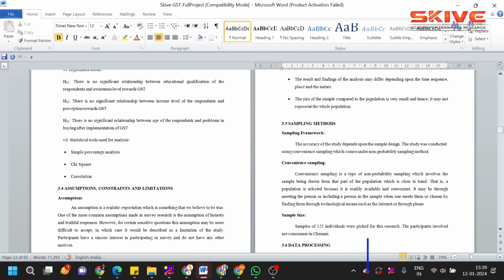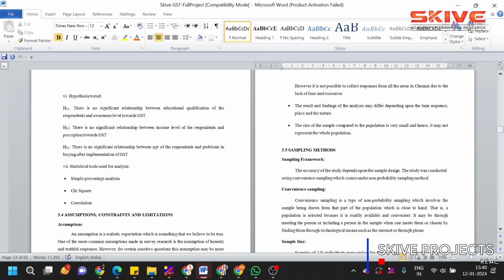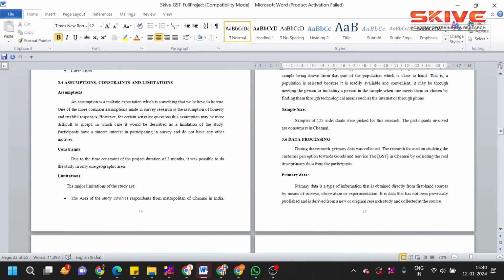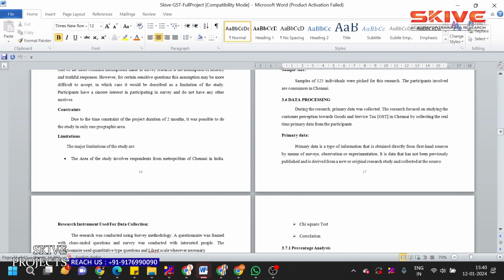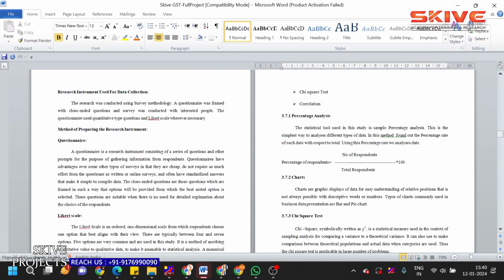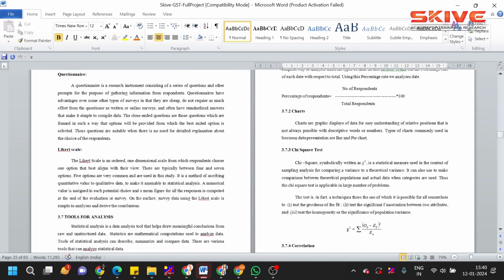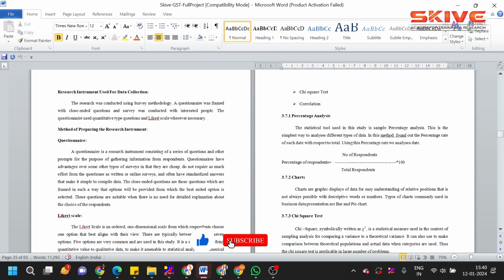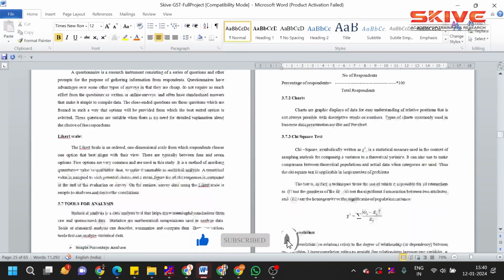And coming to 3.4, assumptions, constraints and limitations are given. The sampling methods are discussed in 3.5, and 3.6 is about data processing, what are the primary data and what are the secondary data.